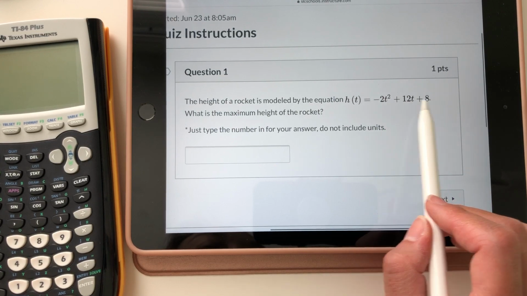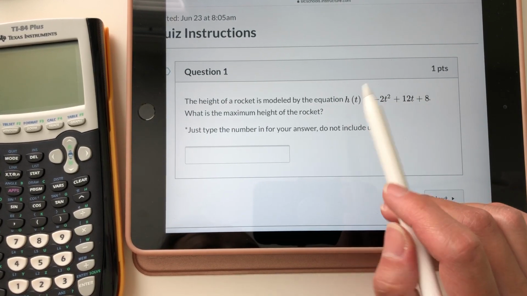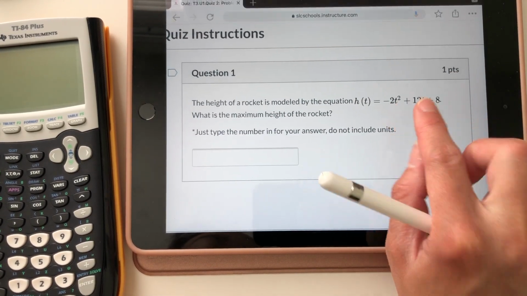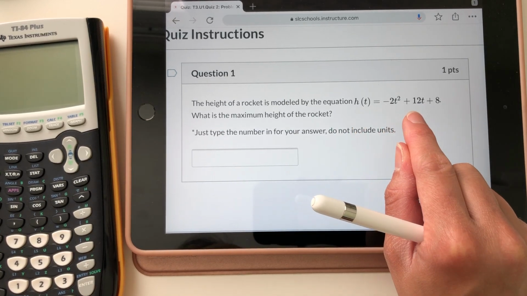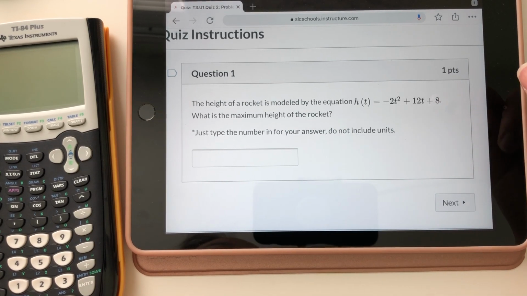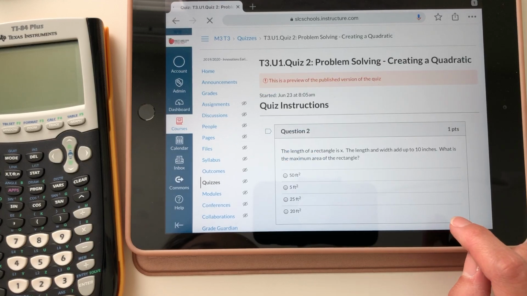This one is already in standard form, meaning you don't have to do the distribution part because it's already done for you. So all you have to do is find the x value, which is negative b over 2a, and then plug it back into this to solve for the y value. This one is nice because it skipped a step for you.